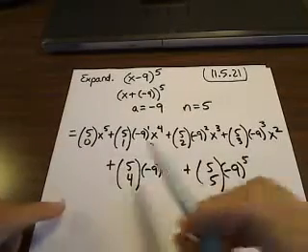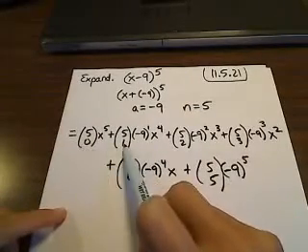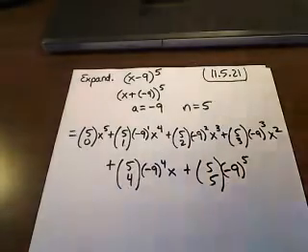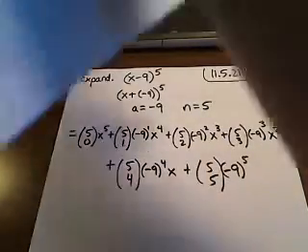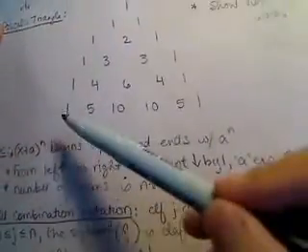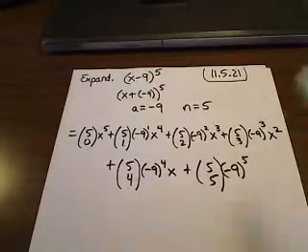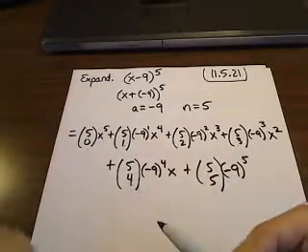Now like I said, these right here, the 5,0; 5,1; 5,2; 5,3; 5,4; and 5,5 are going to correspond to Pascal's triangle right here, to these coefficients. So instead of doing out these combinations, I'm just going to use Pascal's triangle.